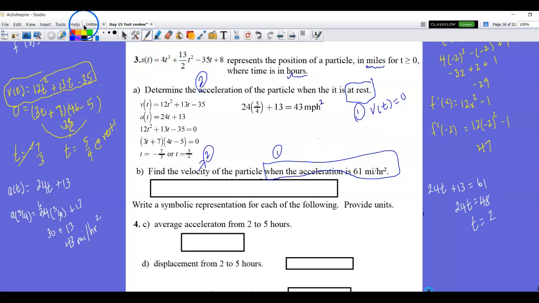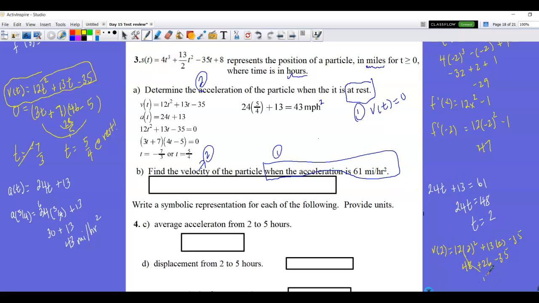All right, I'm going to substitute the time of 2, because that's when the acceleration is 61 miles per hour squared. I'm going to substitute that into velocity, and that will give me 12 times 2 squared plus 13 times 2 minus 35, which gives me 2 squared is 4 times 12 is 48 plus 26 minus 35.